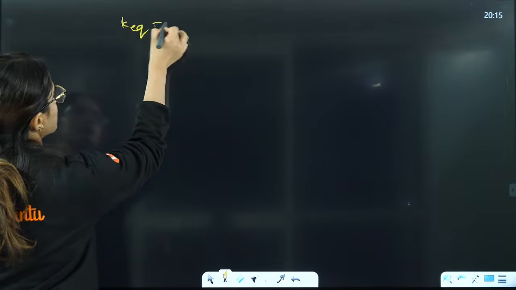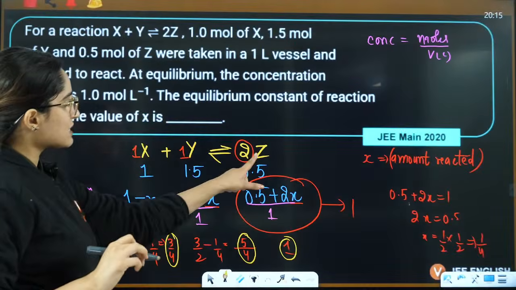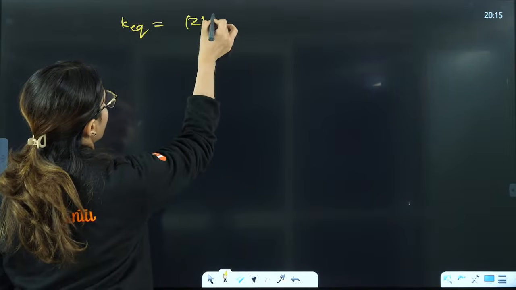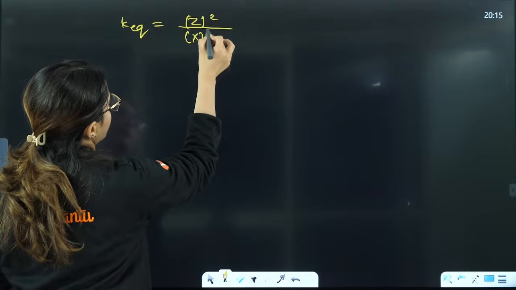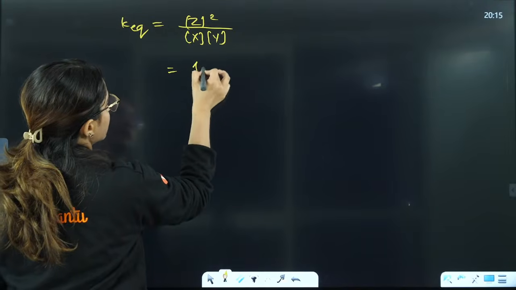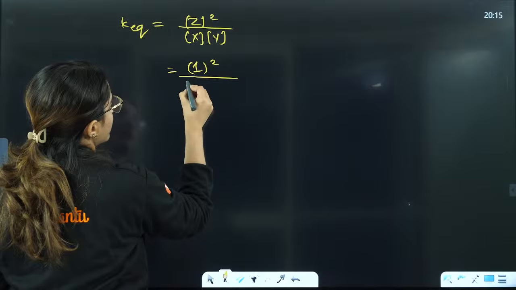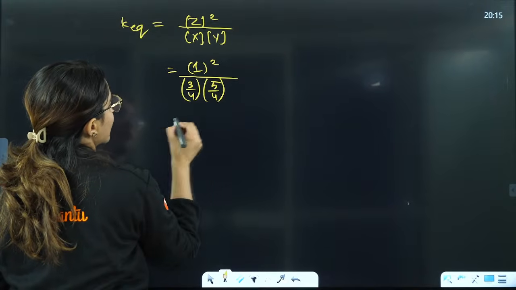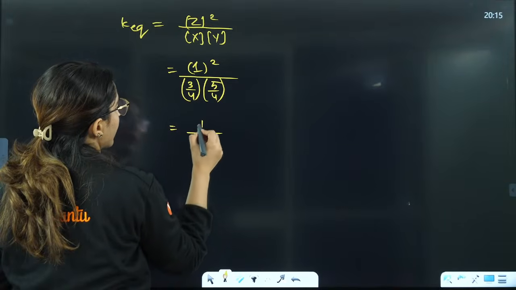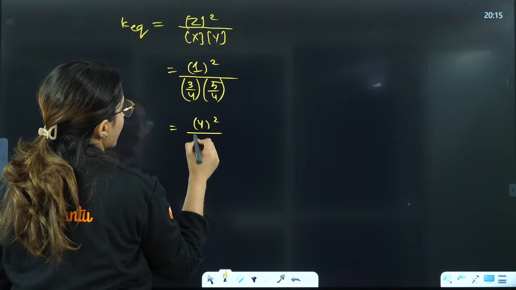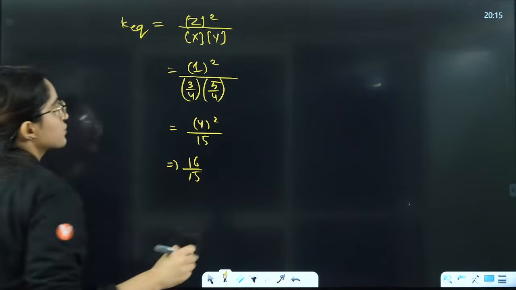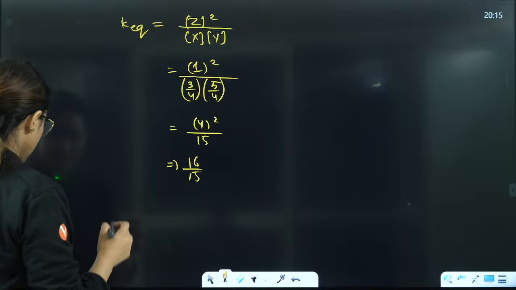So you will just write K equilibrium is equal to Z square by X multiplied by Y. Z square concentration by X multiplied by Y. Z is nothing but 1 square, this is 3 by 4, and this is 5 by 4. You answer this, it is going to be 4 square over 5 times 3, which is 15. 16 by 15 is the answer here.